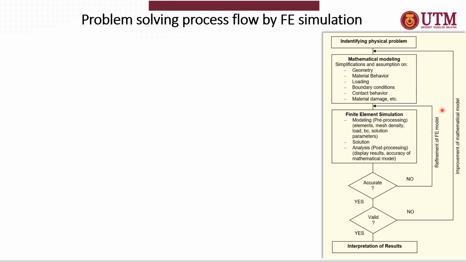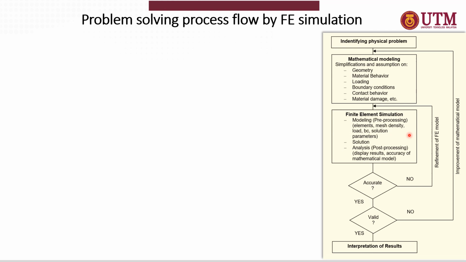And then after we have done that, we can only start using the software in this finite element simulation process here. So nowadays we have many, we call these CAD softwares. It is called computer aided design softwares like ANSYS, Abaqus, SolidWorks, or even nowadays we have open source softwares like Salome-Meca.